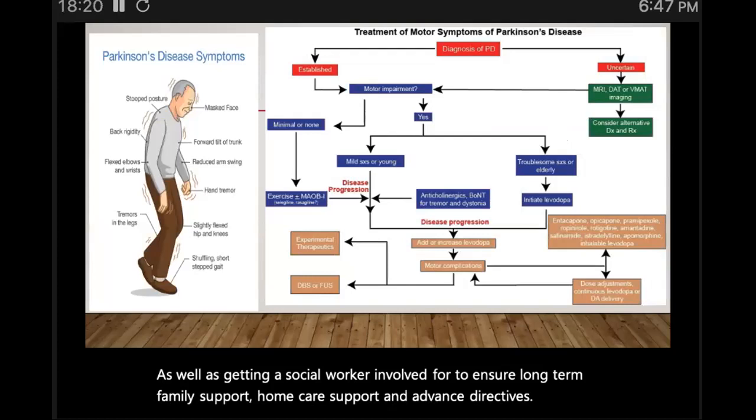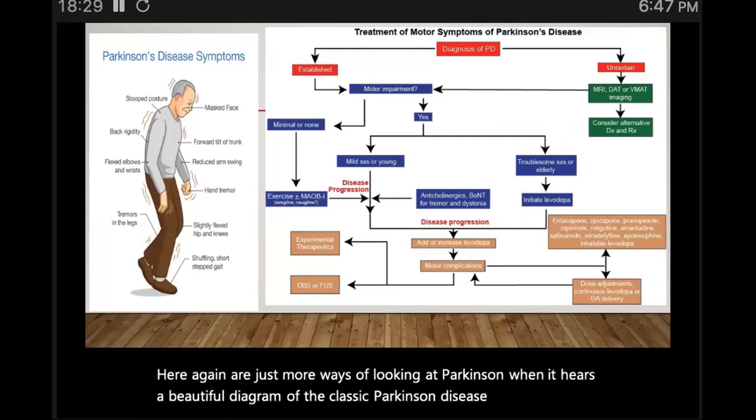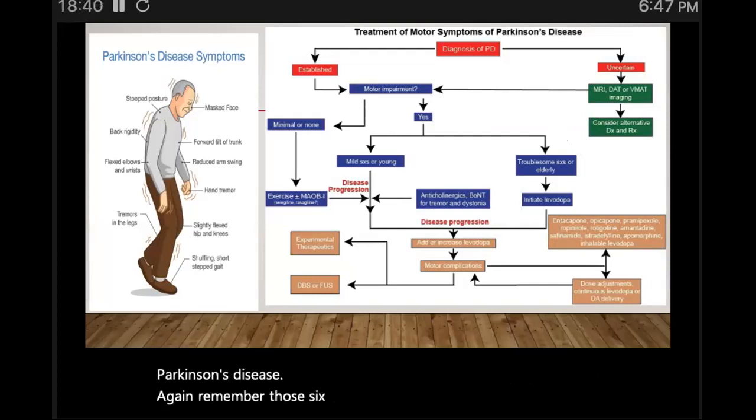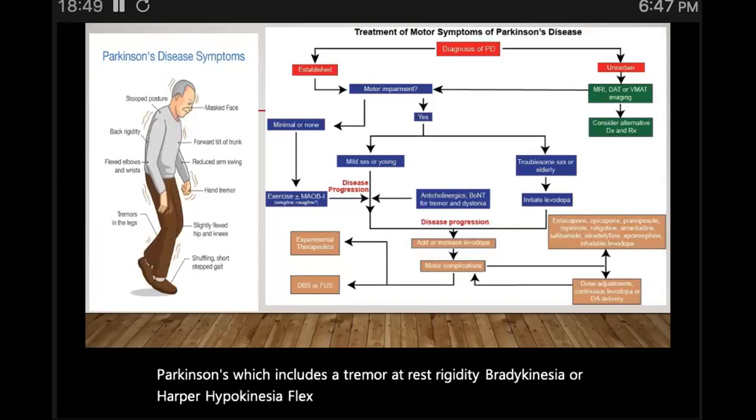Here again are just more ways of looking at Parkinson's. Here's a beautiful diagram of the classic Parkinson disease symptoms, as well as another algorithm for the treatment of motor symptoms of Parkinson's disease. Again, remember those six cardinal features of Parkinson's, which include a tremor at rest, rigidity, bradykinesia or hypokinesia, flexed posture, loss of postural reflexes, and the freezing phenomenon.